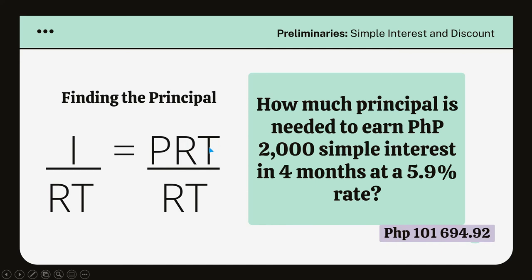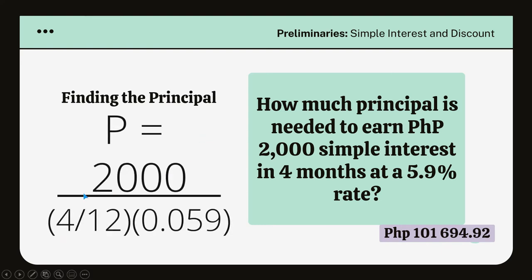Therefore, we actually balanced it. Okay? There. And of course, plug in the values. We have 2,000 all over 4 over 12. And of course, it's 4 over 12 because it's in months. Baka nakalimutan natin yun. Okay? Once you've done that, you will get 101,694 pesos and 92 centavos.